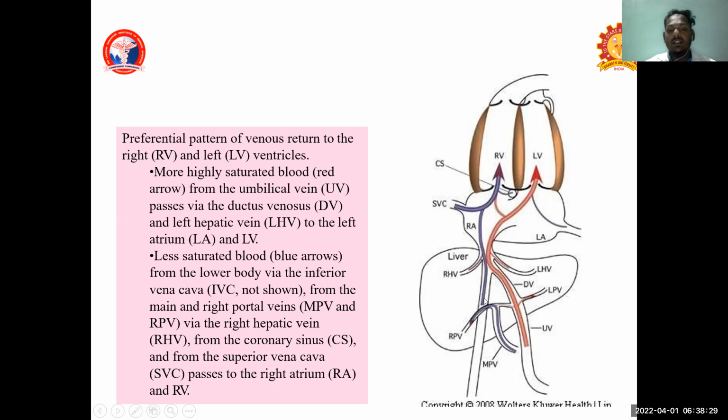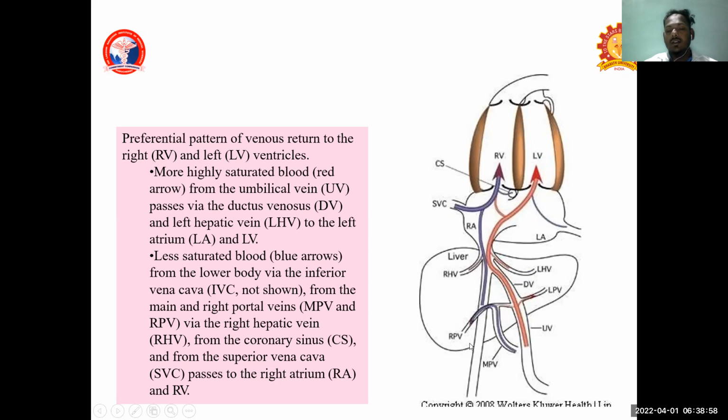So the left hepatic venous system carries the oxygenated blood. See here, the blood from the placenta reaches the umbilical vein via the ductus venosus. Along with this, the left hepatic vein drains into this, which enters into the left atrium, then it enters into the left ventricle.